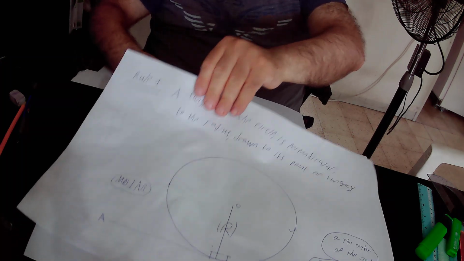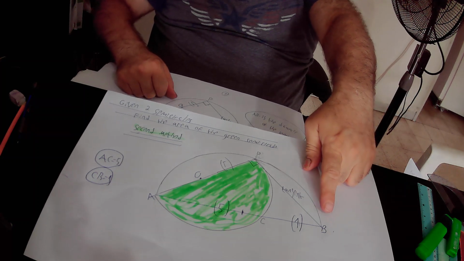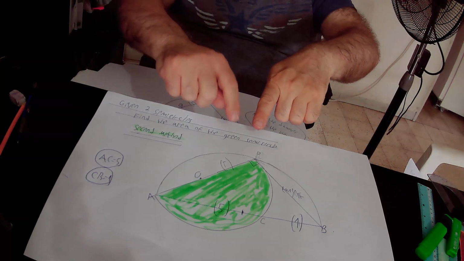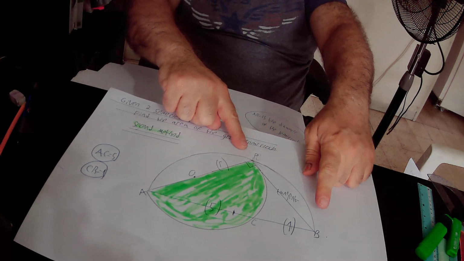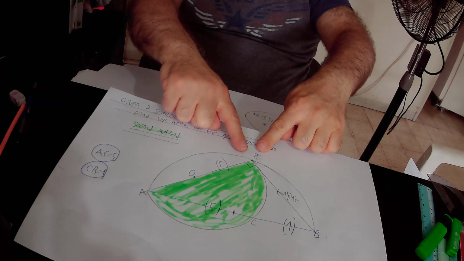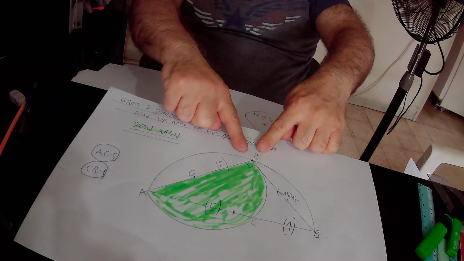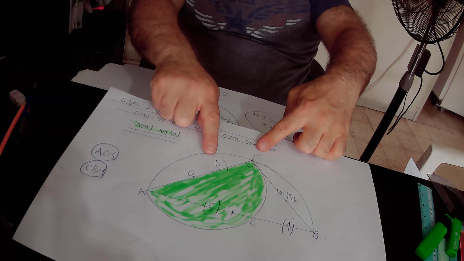According to rule 1, we have the straight line BP creating 90 degrees with the radius PO at point P, and therefore BP must be a tangent to this semicircle at point P. According to rule 1, a tangent BP creates 90 degrees at the point of tangency with the radius PO.